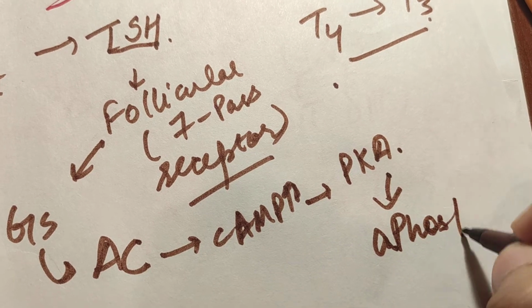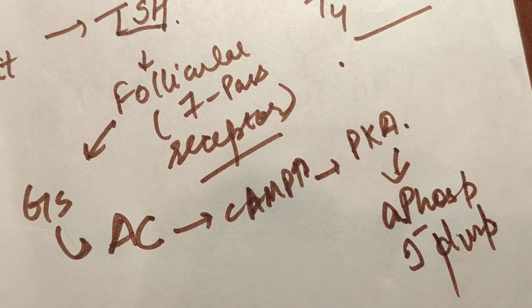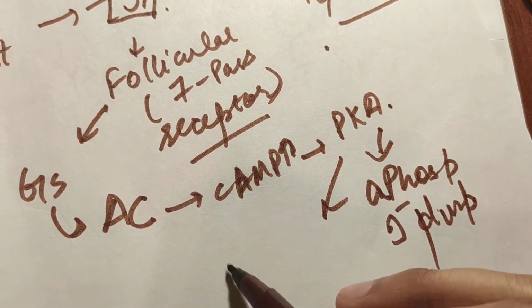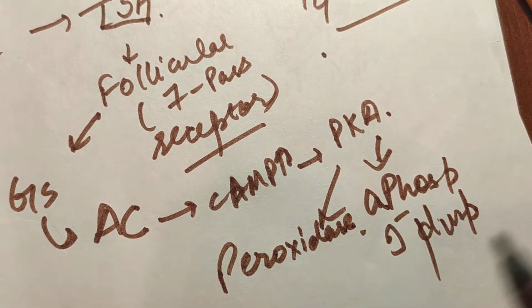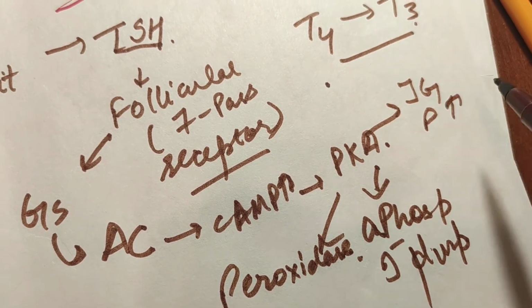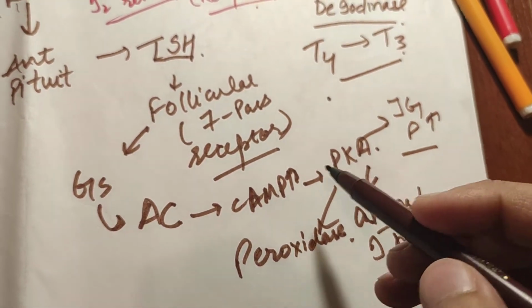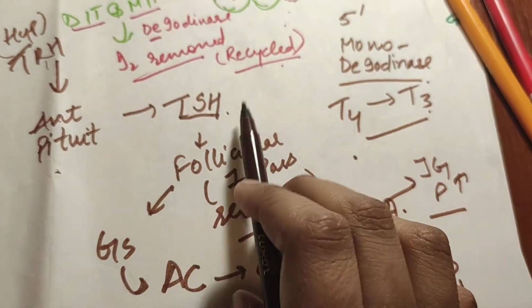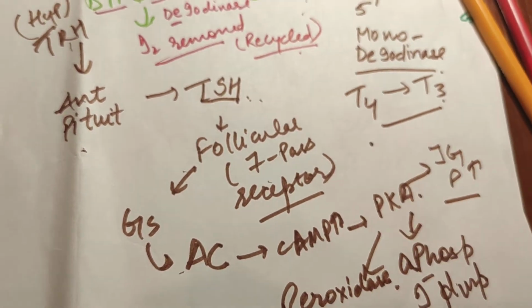The main action is phosphorylation of the iodide pump, and also the peroxidase enzyme will be activated. Thyroglobulin production increases. So these actions occur in the follicular cell in response to TSH. TSH is the activator of the thyroid follicular cell to produce T3 and T4.